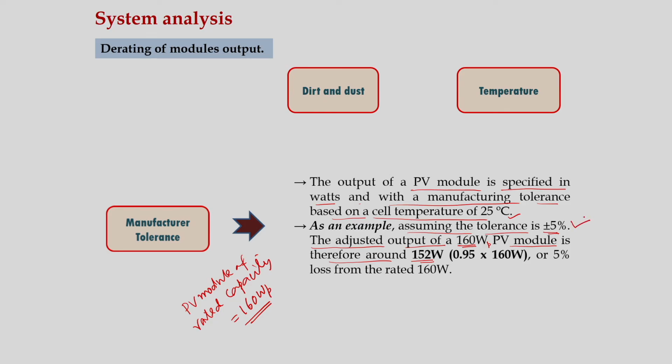If 5% is the manufacturer tolerance, then what will happen? It will be 0.95 into 160 watt. That means a 5% loss from the rated 160 watt, right. If we multiply 0.95 into 160 watt, it will be 152 watt for 5% manufacturer tolerance, right.